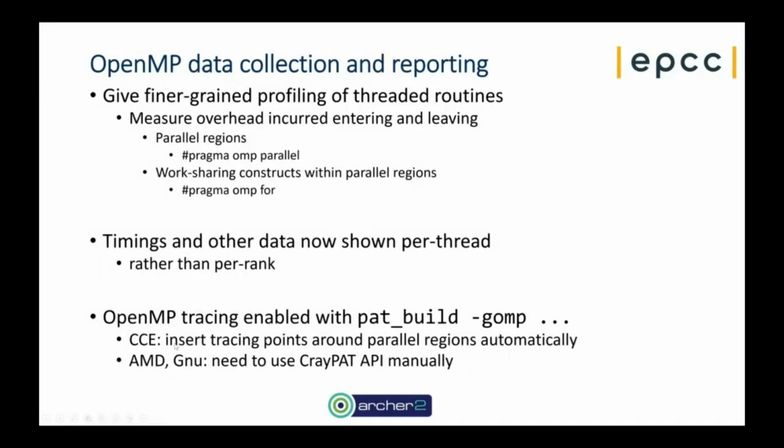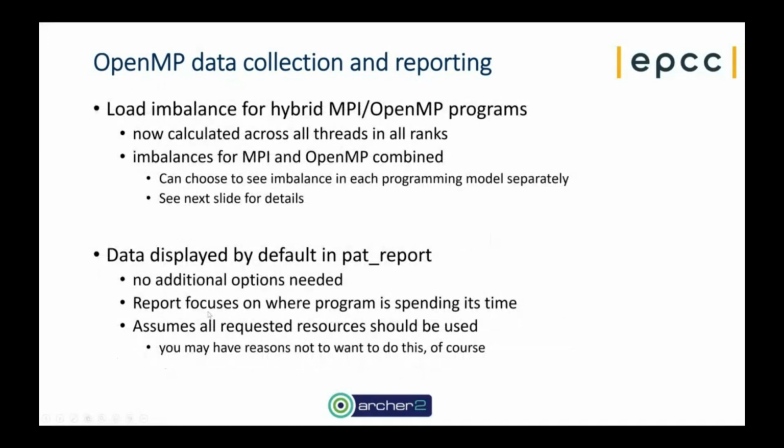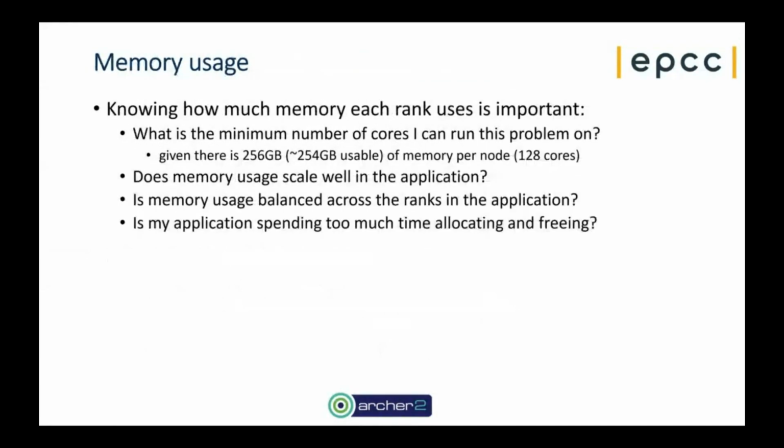Now, for the Cray compilers, we should get those tracing points automatically. For the AMD and GNU compilers, you may need to intervene in the code to do that. And it will tell you things about load balancing and those kinds of things for the OpenMP code.